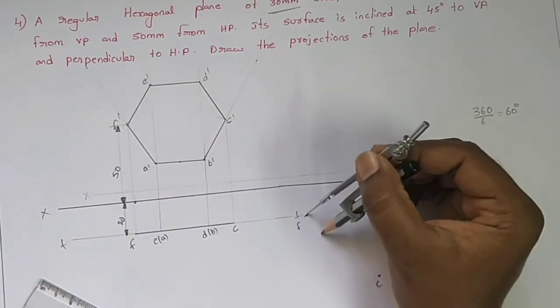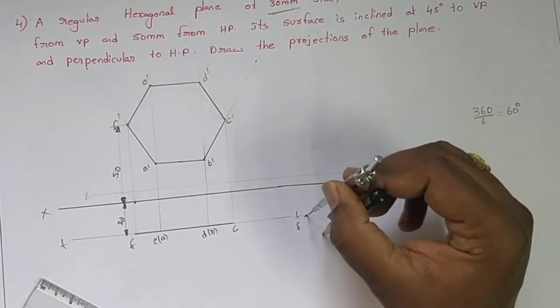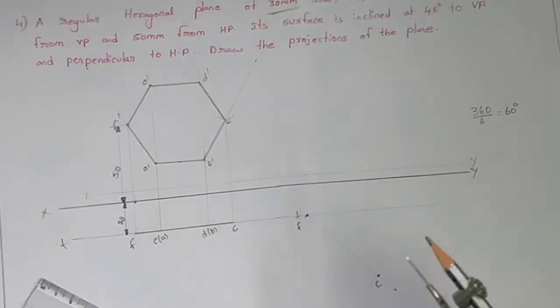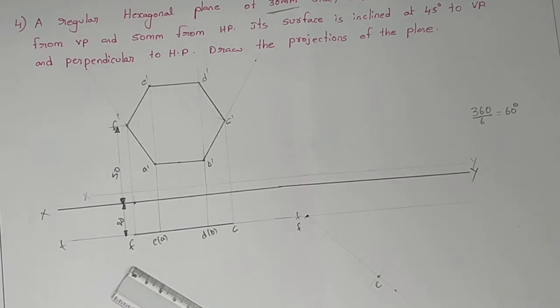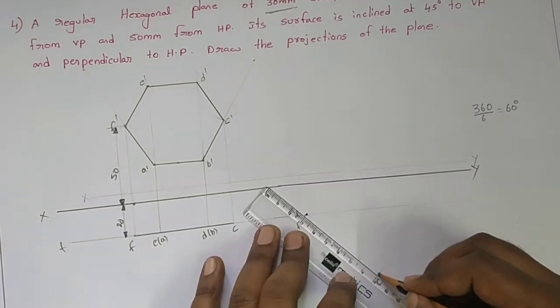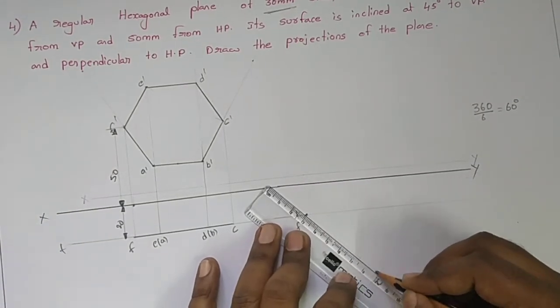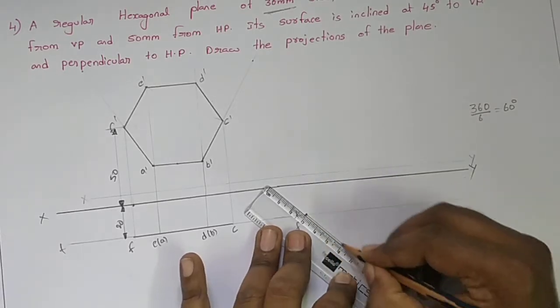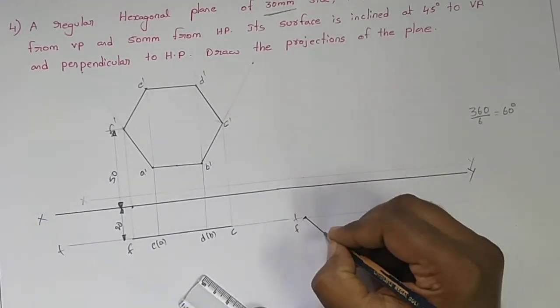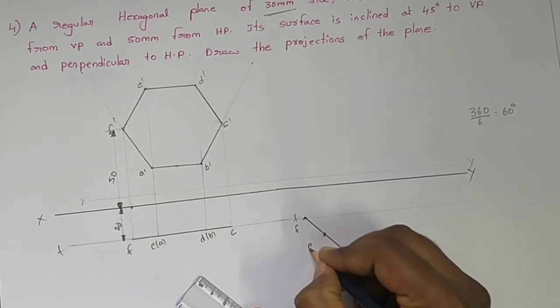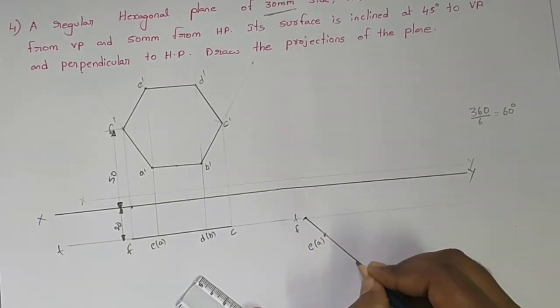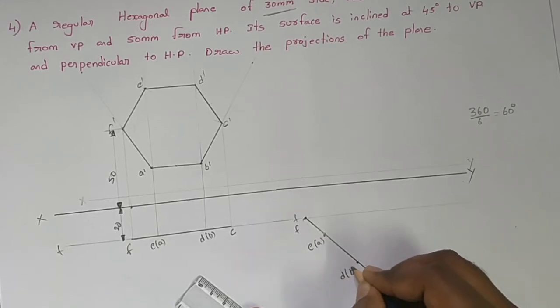Cut this line. The same distance also here, C to D, so from this point we need to cut. Okay, we got 2 points. It is the top view when the plane surface is 45 degrees to VP, and this point is E of A and this point is D of B.